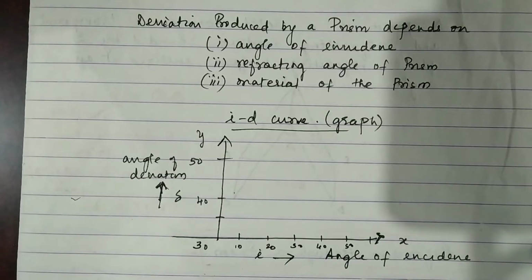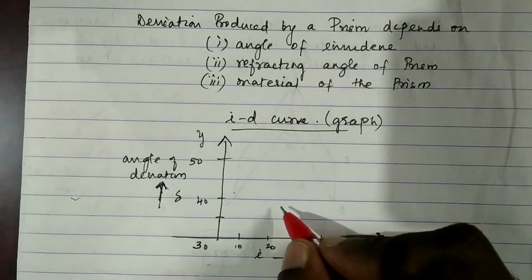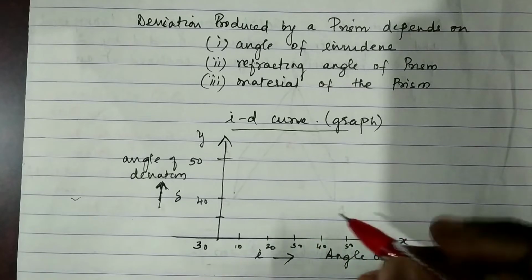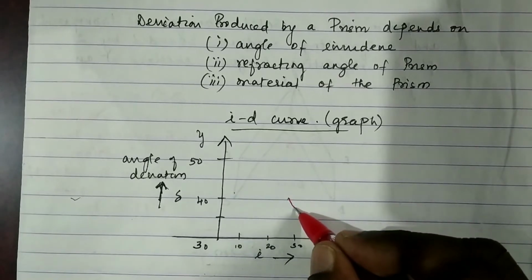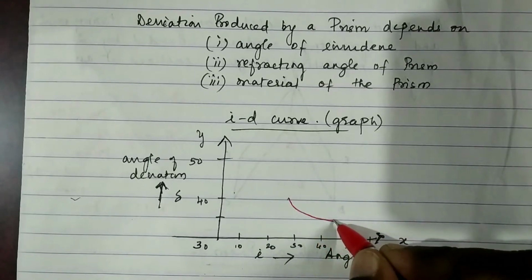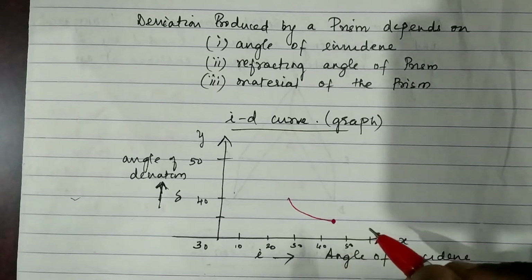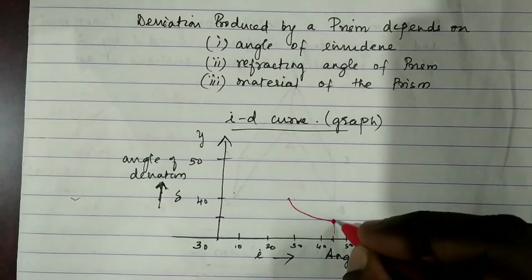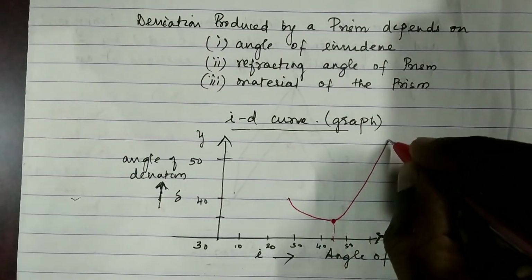So when the angle of incidence increases, the deviation will decrease. It keeps on decreasing, and at a particular angle of incidence the deviation starts increasing.